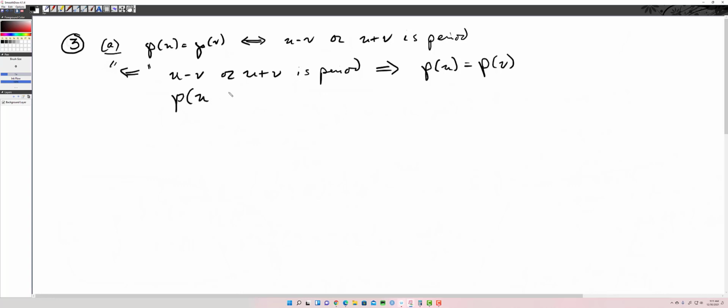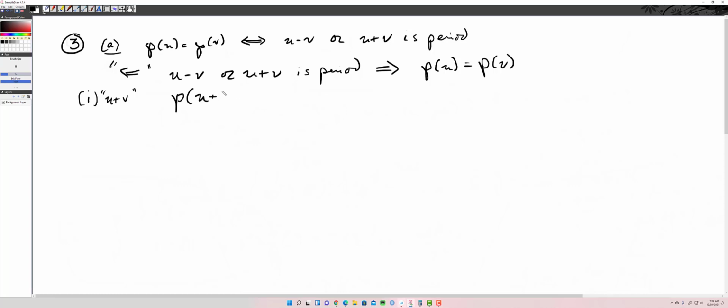So I'm going to start with P of U, and we'll start with the first case, and I'll call this case U plus V. So all I have to do is show that if this is a period, it works, and if this is a period, it works. That suffices. It's actually stronger than I need.